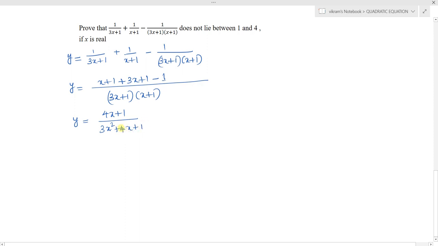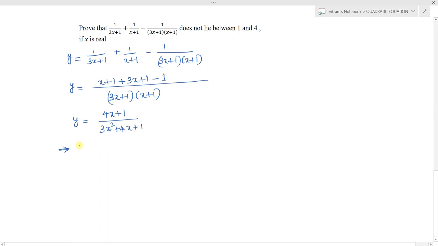Now this is in the form of linear by quadratic. We are asked to show that the given expression does not lie between 1 and 4. If we find the range, then we can say whether it lies between them or not.